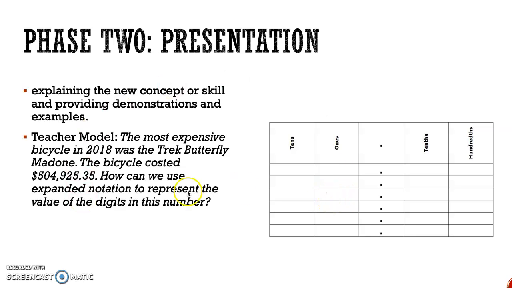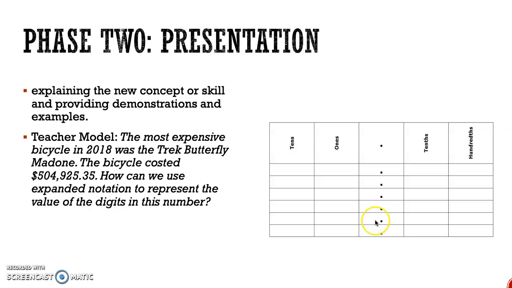And I would let them know that this 5 is in the hundredths place, so it would go here. Next would be the 3, and it is in the tenths place, so I would place it here.